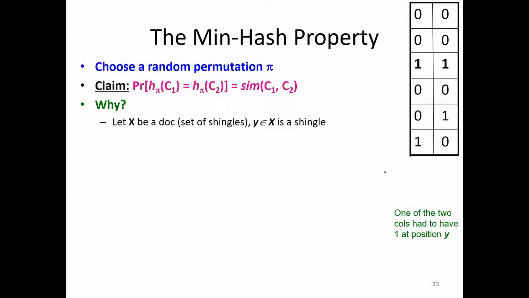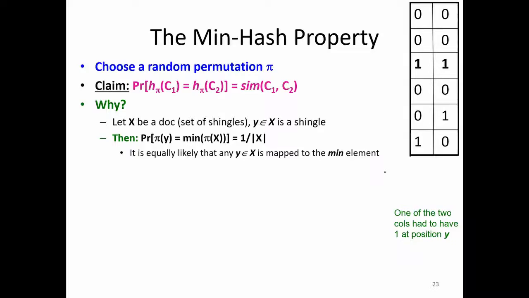Suppose X is a document represented by C1 or C2, which is a set of shingles, and Y is a shingle which is present in the document.